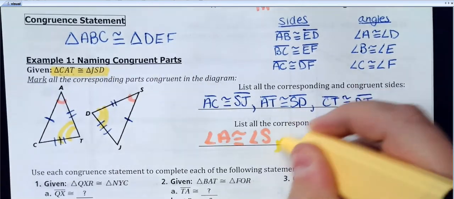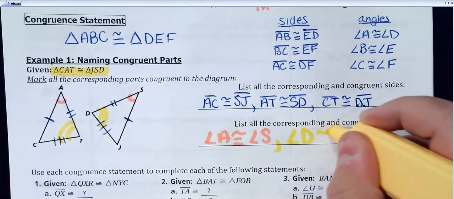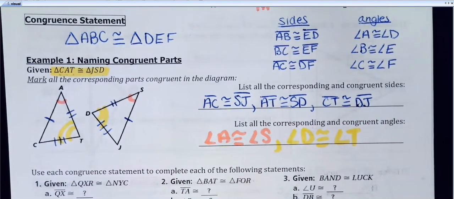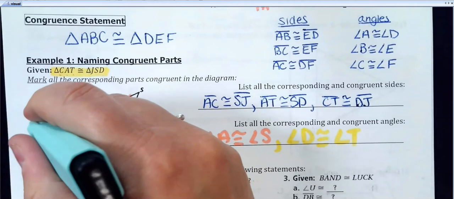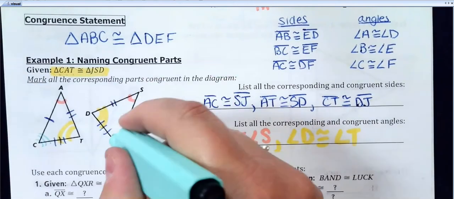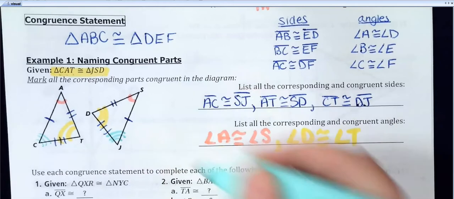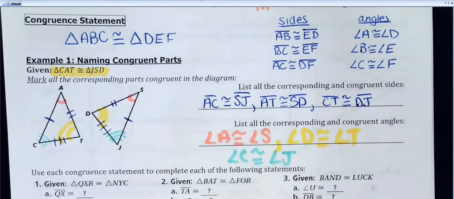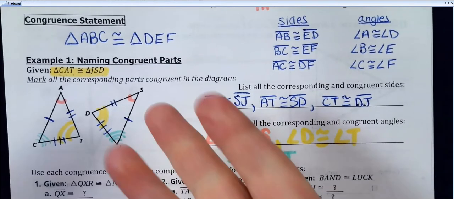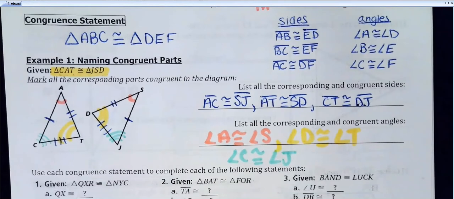So angle D is congruent to angle T. And I'm going to use angle C, 1, 2, 3. That is the first letter. Angle J is the first letter in that other triangle. So angle C is congruent to angle J. And there I've listed all three sets of sides and all three sets of angles, which is just a display of what they're telling me in that congruent statement.